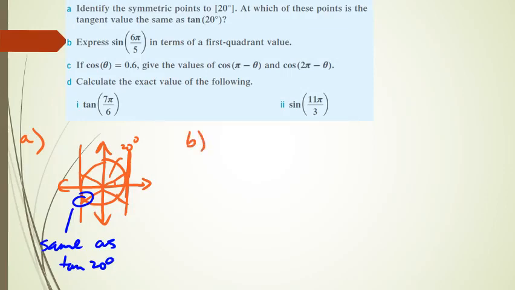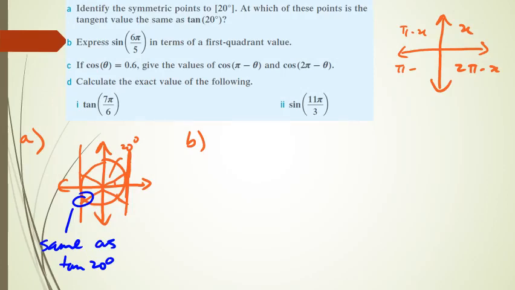Okay, part B. Express sine of 6 pi over 5 as a first quadrant value. Now, what is sine in the region that it's mentioning?